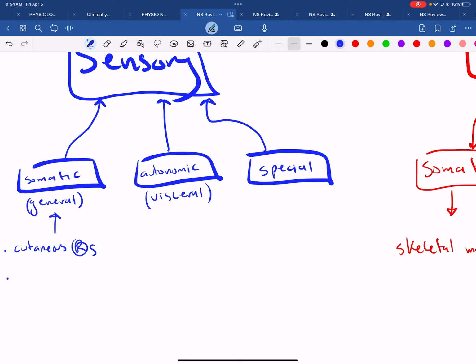We just said that the cutaneous receptors include Pacinian corpuscle, free nerve endings, Meissner's corpuscle. The functions of those were to detect touch, vibration, temperature, pain. There's one more sensation, stretch. So where is stretch being detected?